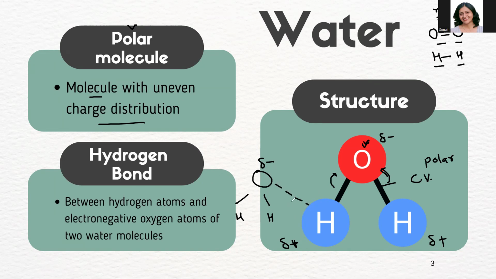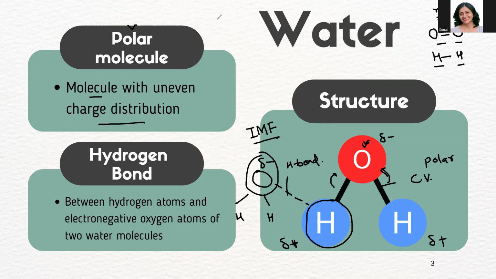The hydrogen bond is a weak bond which forms between two molecules. It is a kind of intermolecular force. The negatively charged oxygen and positively charged hydrogen attract each other and form a weak bond. That is what we call the hydrogen bond.